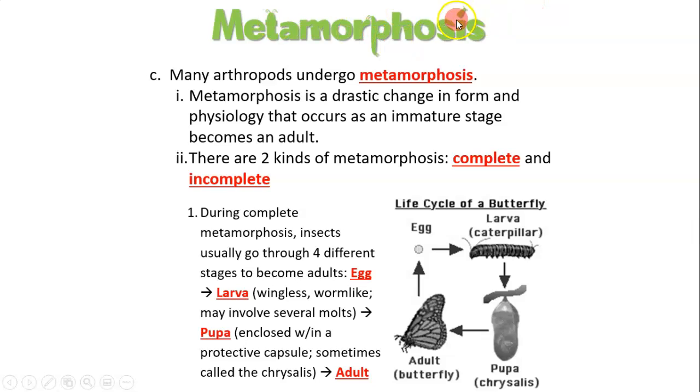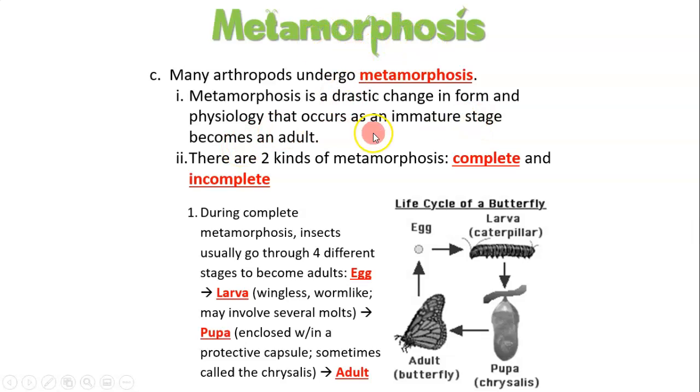Now, metamorphosis is a big process. It's a big characteristic that arthropods have. And so, like I was telling you in class before, metamorphosis just means to change. So metamorphosis is a drastic change in form and physiology, so how the animal works, that occurs at an immature stage and becomes an adult.